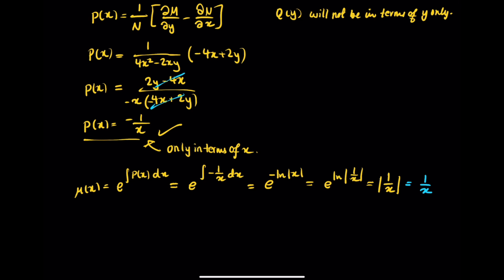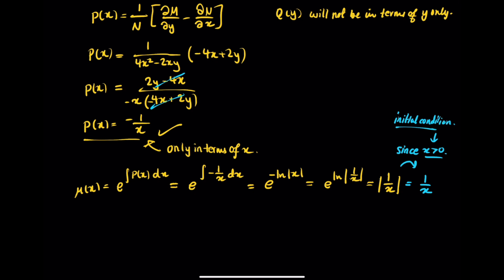We get just 1 over x since x is greater than 0. This was an initial condition. Sorry if that's confusing. I should have been more clear.